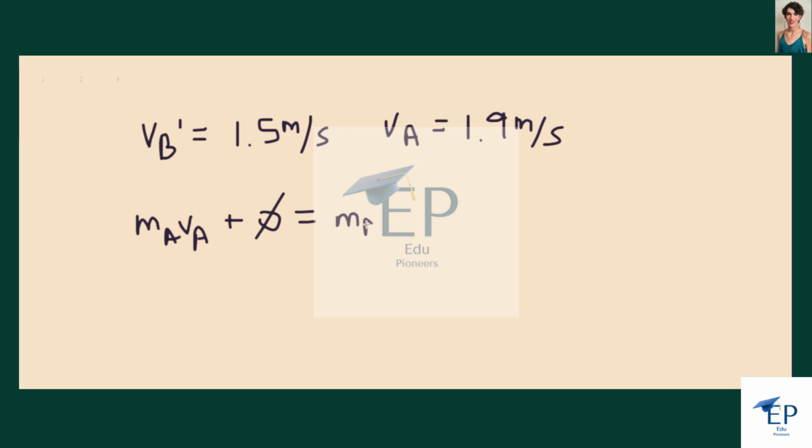So again, the velocity of B was 0, so it's 0 here. This is the velocity of A after the collision. This is the velocity of B after the collision. Again, this is what we're solving for.